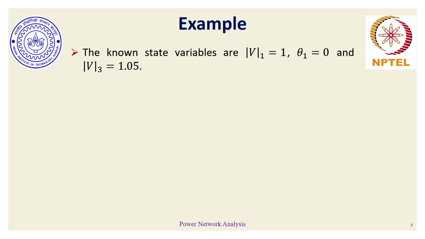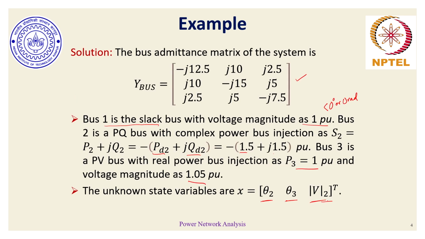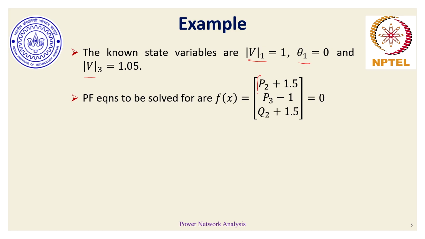We have 3 unknowns, so we need 3 equations, and the prior information known to us is the voltage and phase angle of bus 1 and the voltage of bus 3. Those 3 equations pertain to the real power equations of all buses except the slack bus.